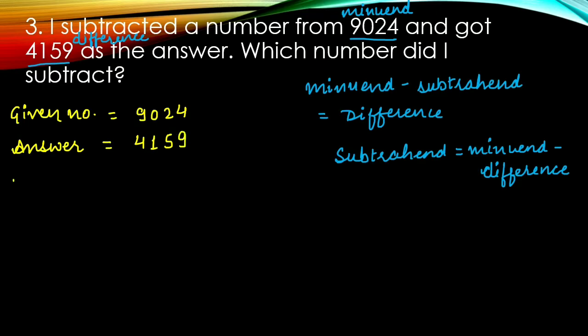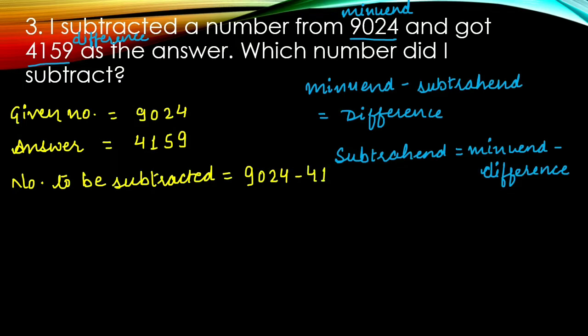So the number to be subtracted will be equal to 9024 minus 4159. We have to subtract both of them.